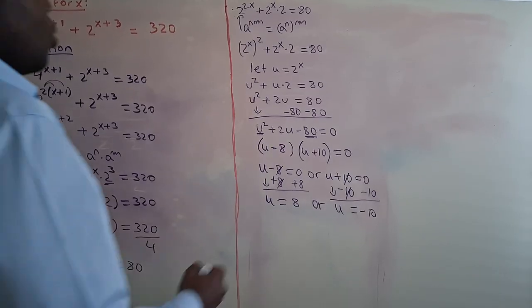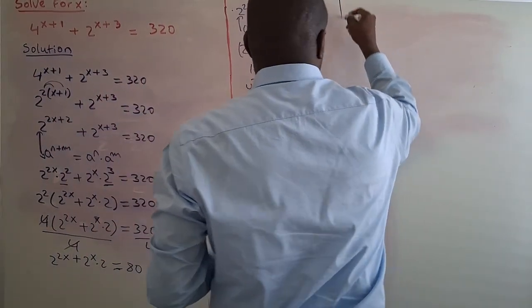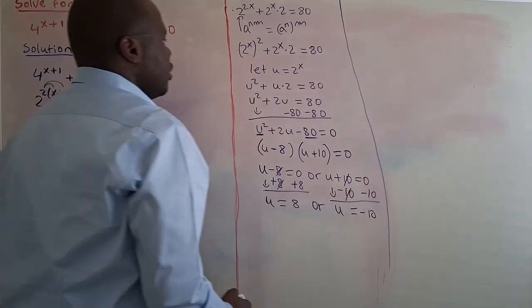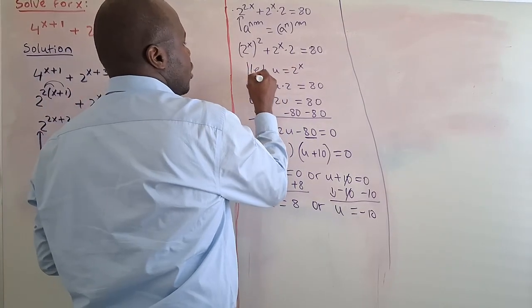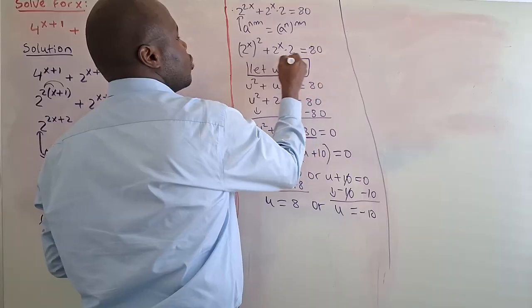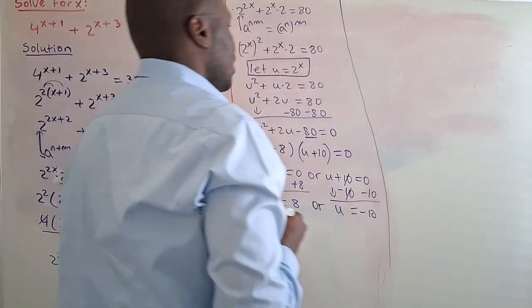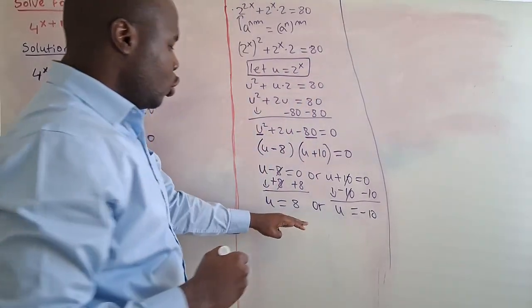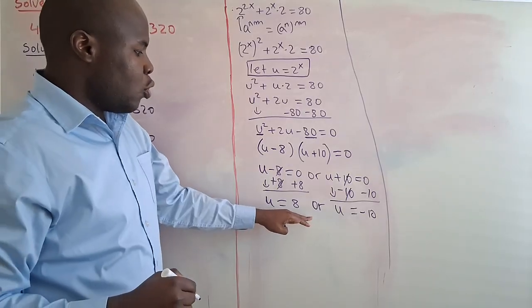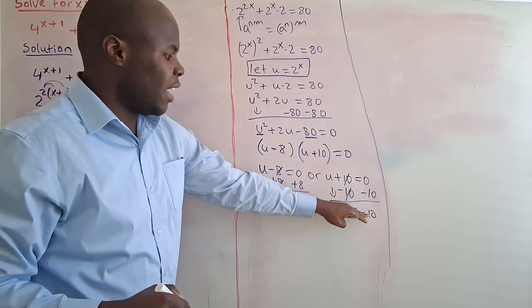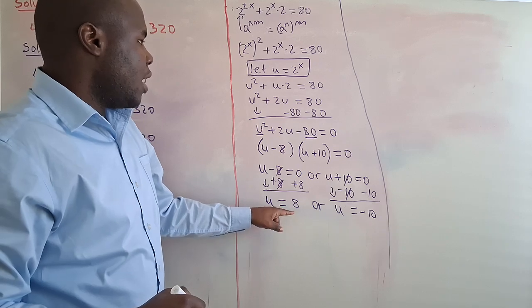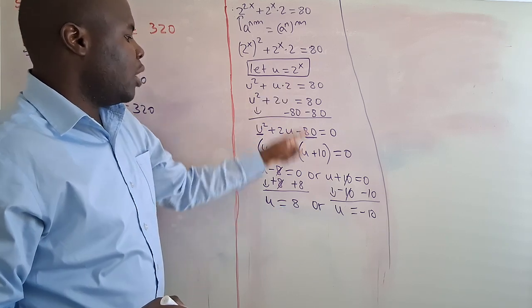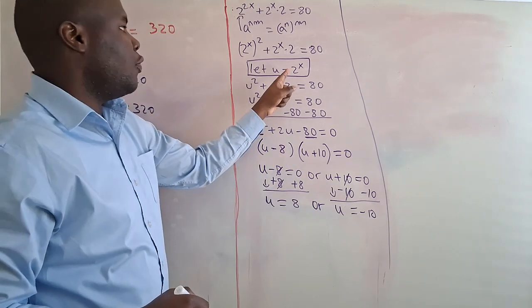Now, remember, earlier we let u equal 2 raised to the x power. Now, we found that u is equal to 8 and u equals negative 10. So we're going to substitute 8 for u, and we're going to substitute negative 10 for u.